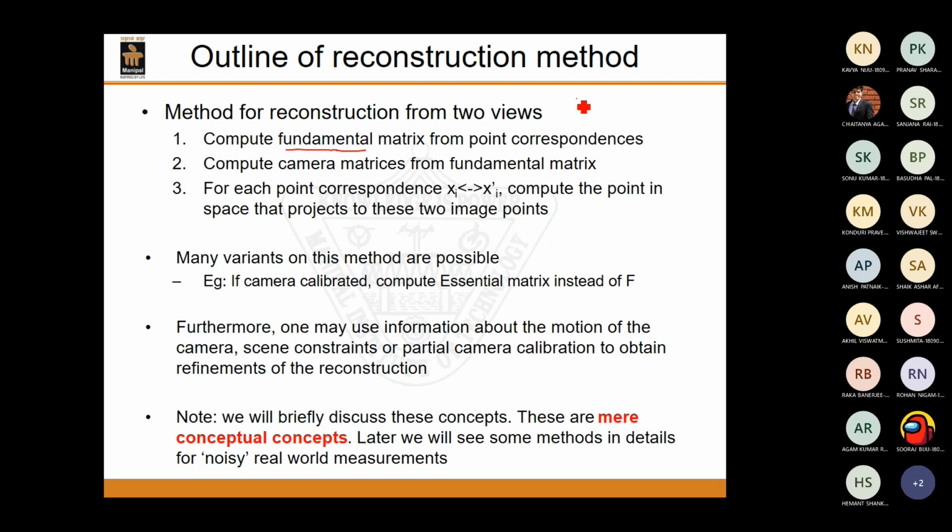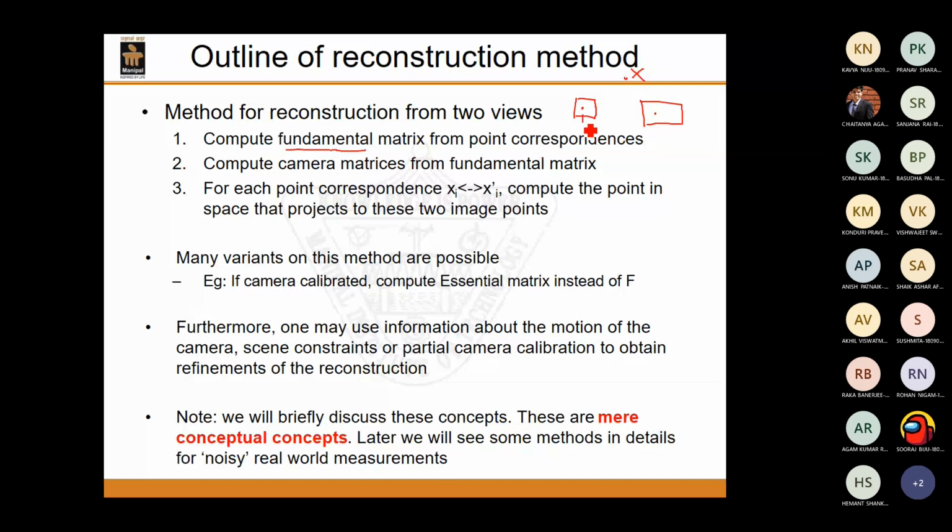So let's say you have an image over here. Let's say this is image 1, and let's say we have another image here which is image 2, both of the same size, and let's say you have a 3D point over here, which is represented by, say, capital X. Now the image of this particular 3D point may be somewhere over here in the first image, and somewhere, let's say, here on the second image.